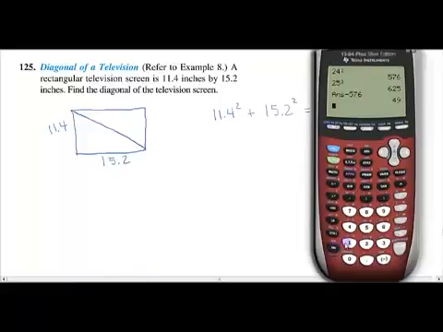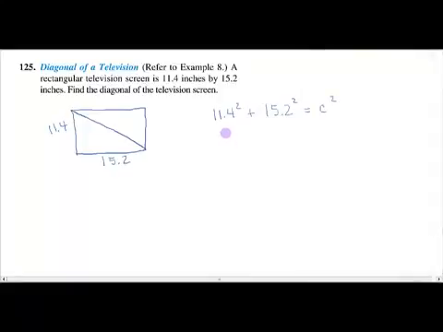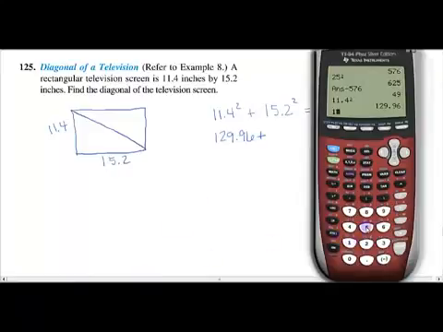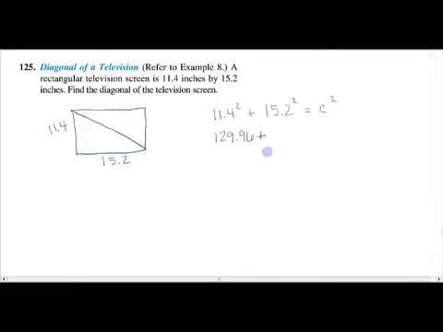We have 11.4 squared is 129.96, and 15.2 squared is 231.04, and I'm going to add those together.